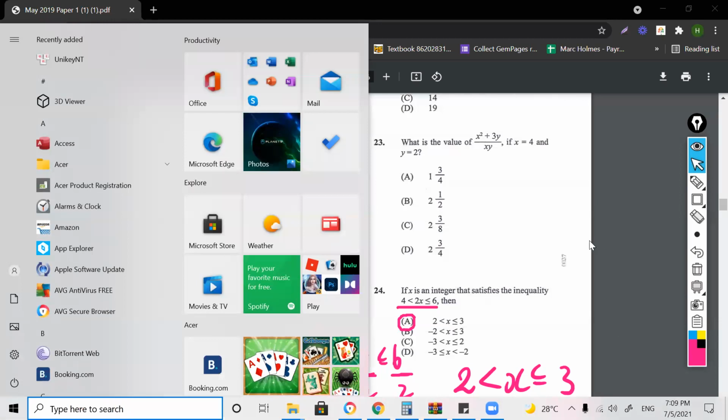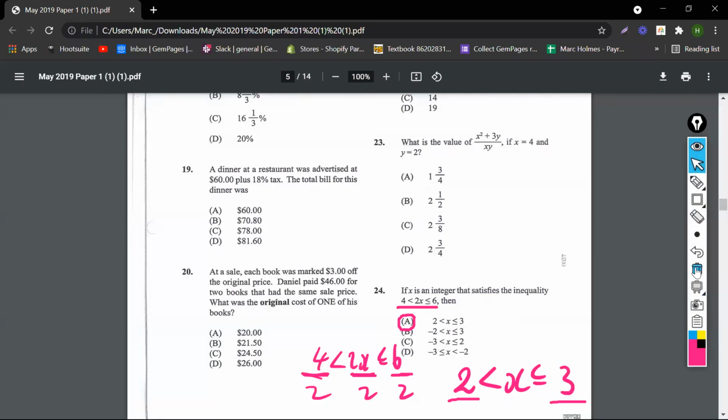What time is it now? 7:09? Yes, sir. 7:09.